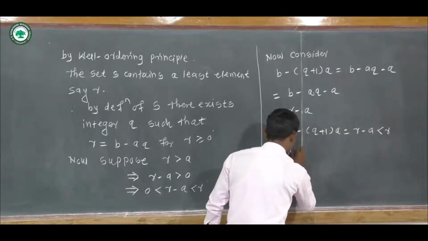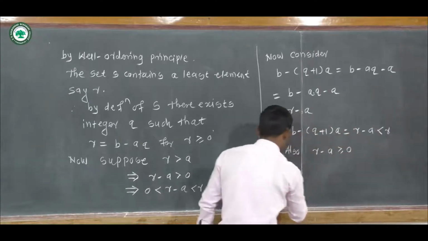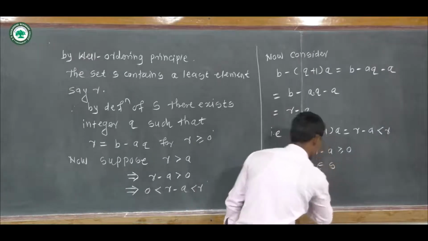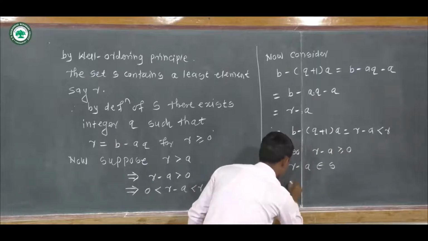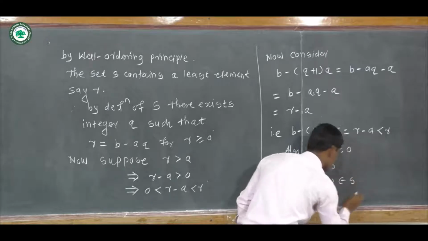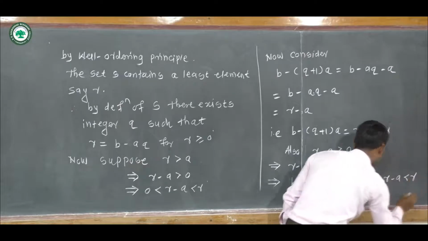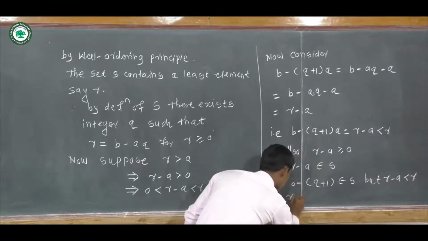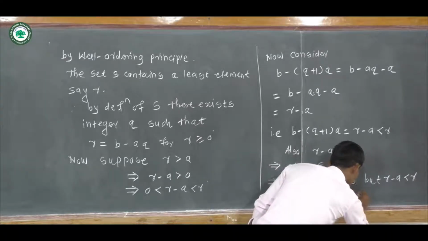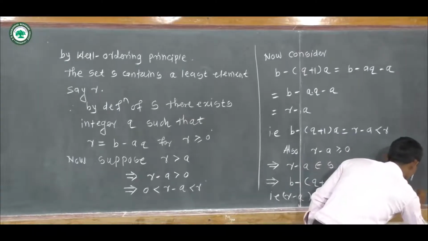Also r minus a is greater than or equal to 0, which implies r minus a belongs to S. Again this implies b minus (q plus 1) a belongs to S, but r minus a is less than r, that is r minus a is a least element of S.